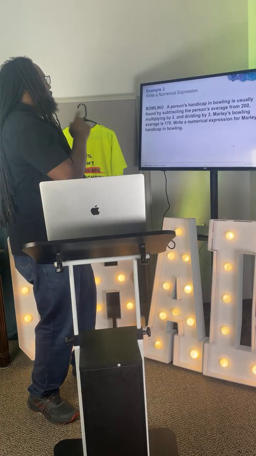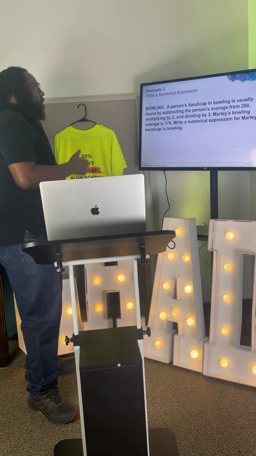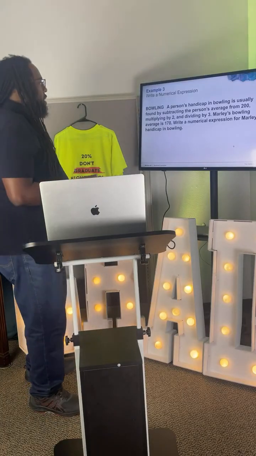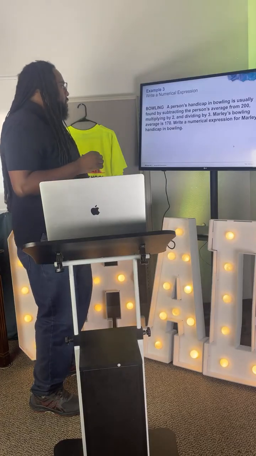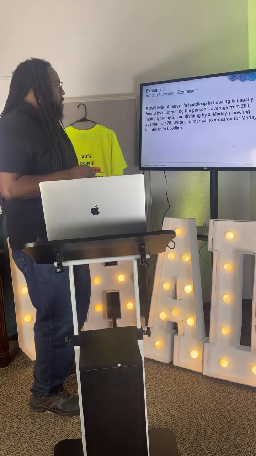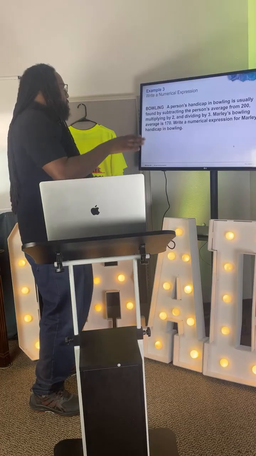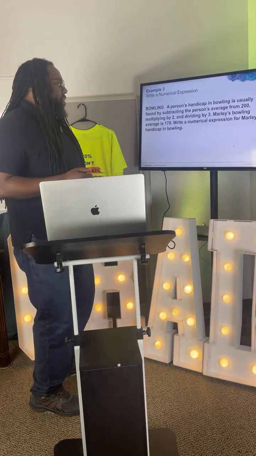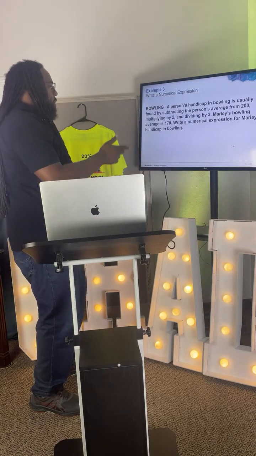All right. So we're writing another numerical expression. A person's handicap in bowling is usually found by subtracting the person's average from 200, multiplying by 2, dividing by 3. Marley's bowling average is 170. So write a numerical expression for Marley's handicap in bowling.